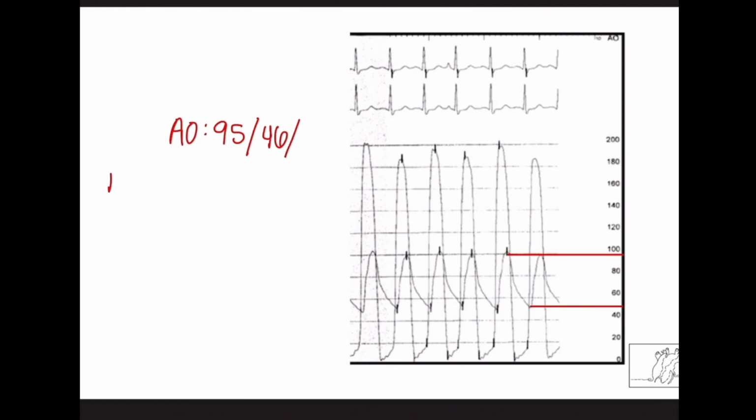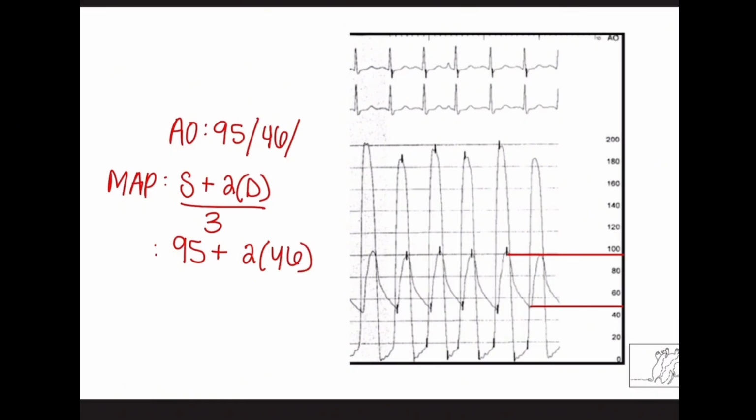And then what was our MAP, our mean arterial pressure formula? Systolic pressure plus 2 times the diastolic pressure, over 3. So I'm going to take 95 plus 2 times 46, over 3. No, these should be equal signs. I know I'm not a math major.